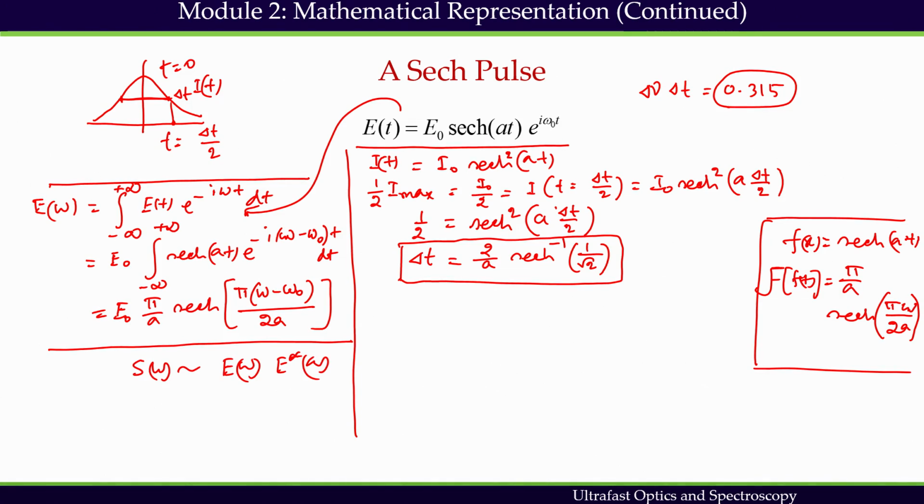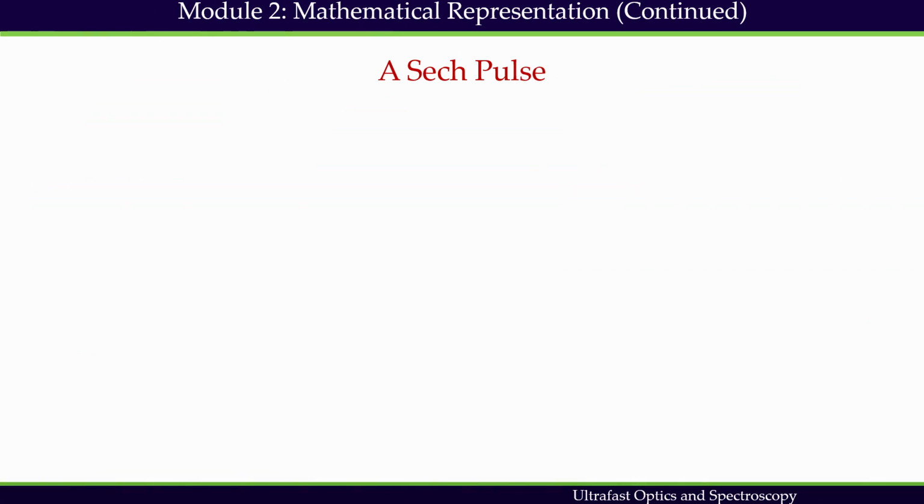And if we calculate that, we get S omega equals S naught, the maximum amplitude, times sec hyperbolic square of pi omega minus omega naught divided by 2a.